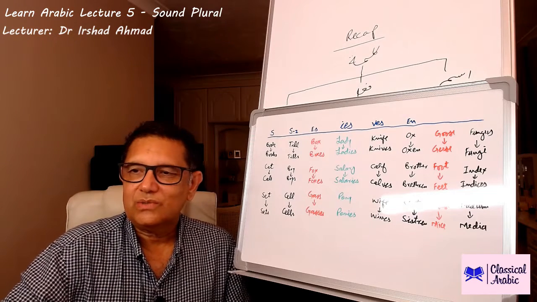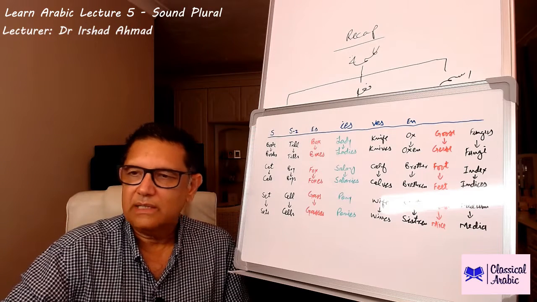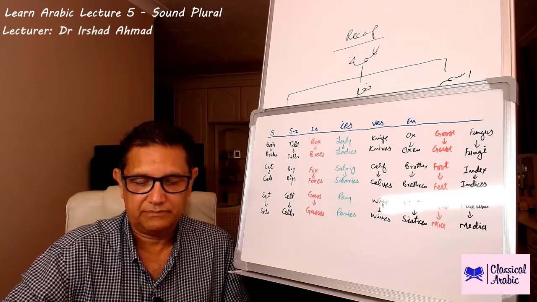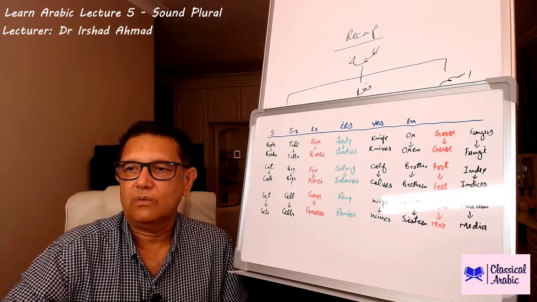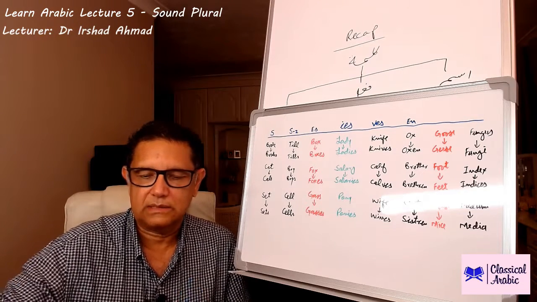If we have managed to learn all these in English, we shouldn't complain or be surprised that there are 3 or 4 different variants in Arabic. Because sometimes people say, oh, there are so many plurals in Arabic, so it's so difficult. It really isn't difficult.